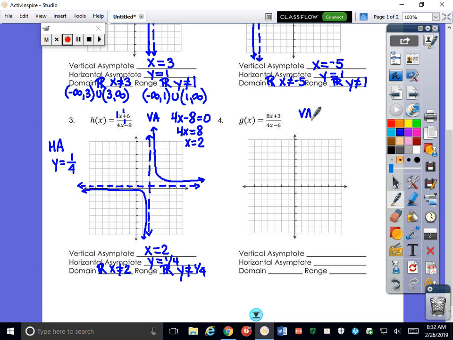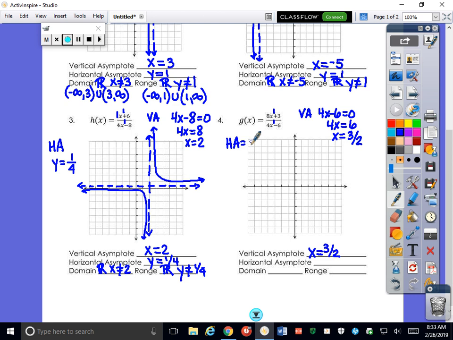So for a vertical asymptote, I'm going to set the denominator equal to 0. So 4x is equal to 6. When you divide by 4, you get 3/2. So my vertical asymptote is at 3/2. For my horizontal asymptote, again, we're going to go to the degrees, which are both the same.